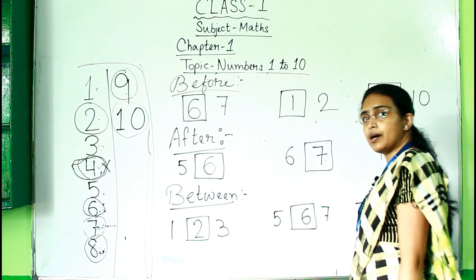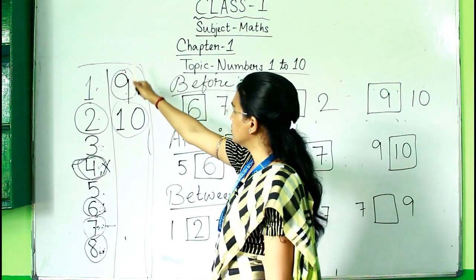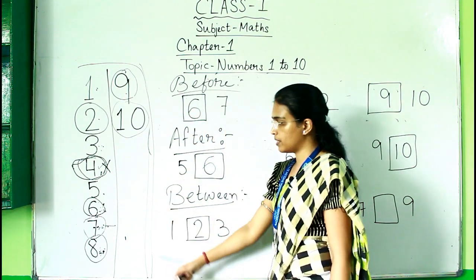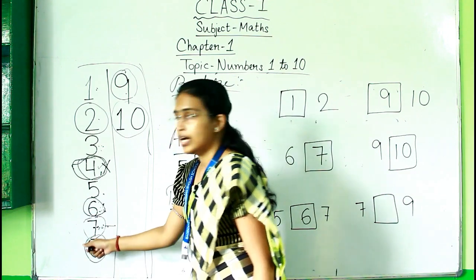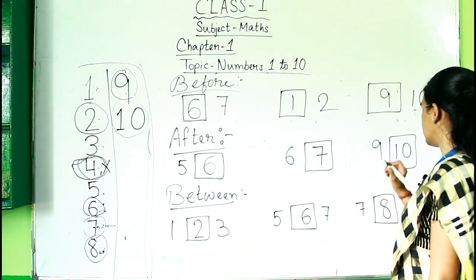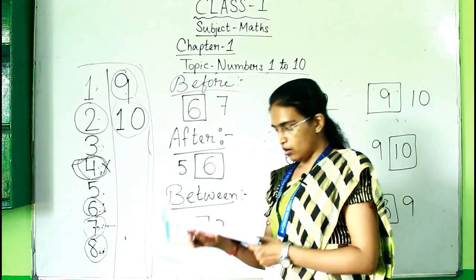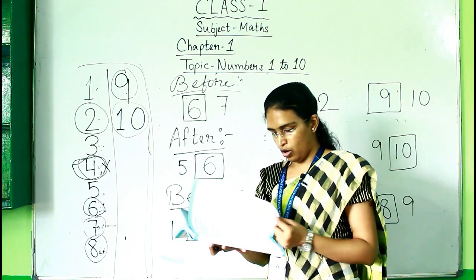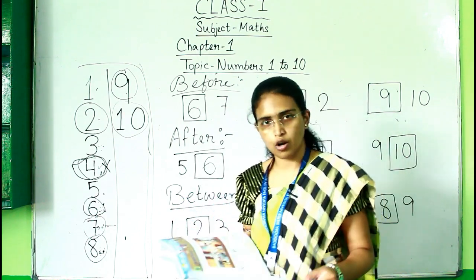This is number 9. So in between 7 and 9, which number is there? Number 8. So you have to write 8. Understood? Now do this at home. Okay, this is also your homework.